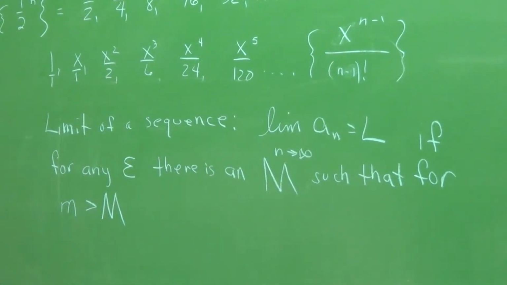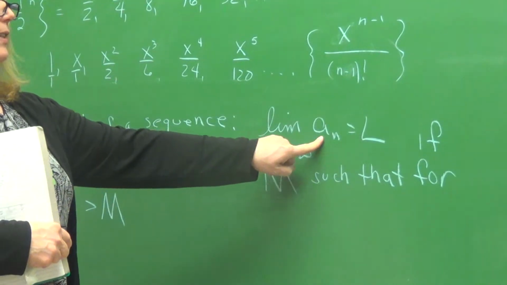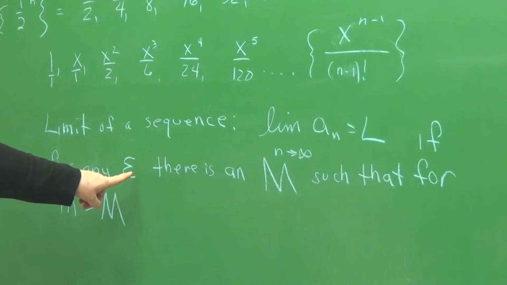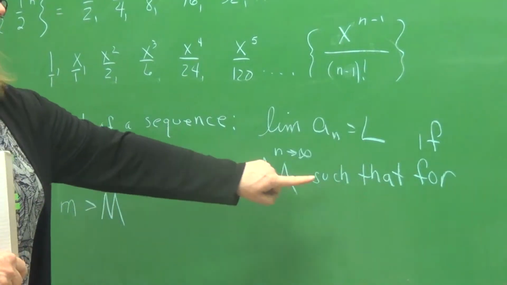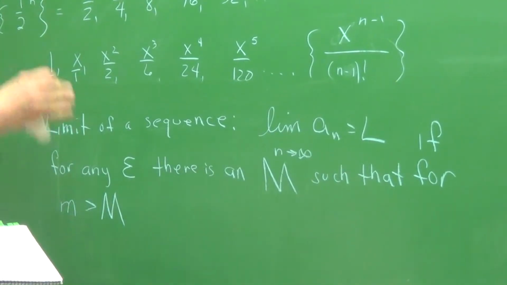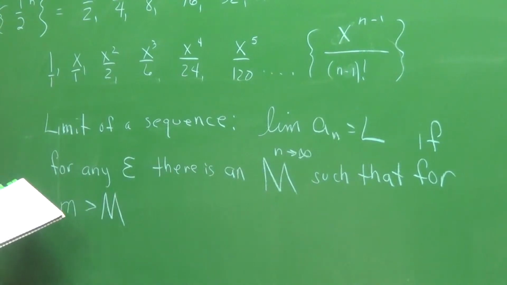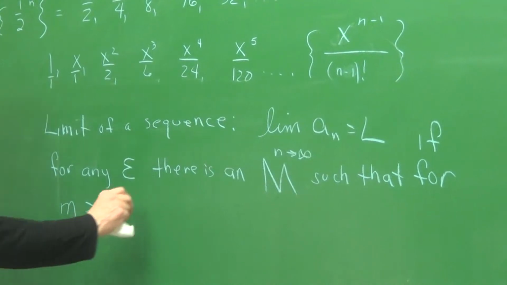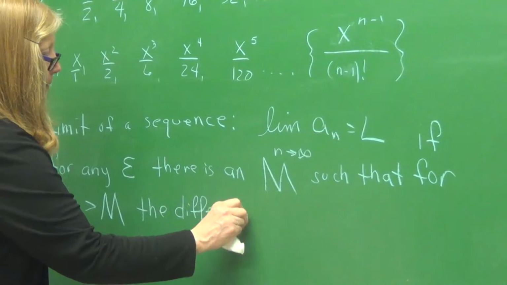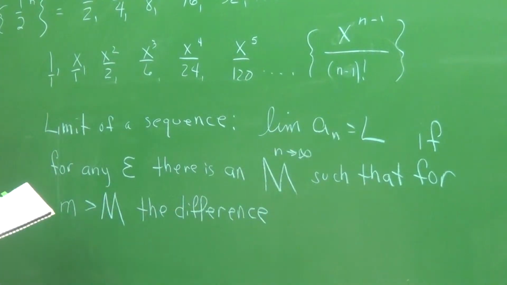Pull it all together. Are you getting it down? Limit of a sequence so far. The limit as n approaches infinity of the sequence a sub n is L if, for any epsilon, no matter how small, there is a big M such that for any little m greater than big M, so there's sort of a dividing line where this becomes true, and that dividing line is big M. So when we pass that, try to get a picture in your mind of what's going on.